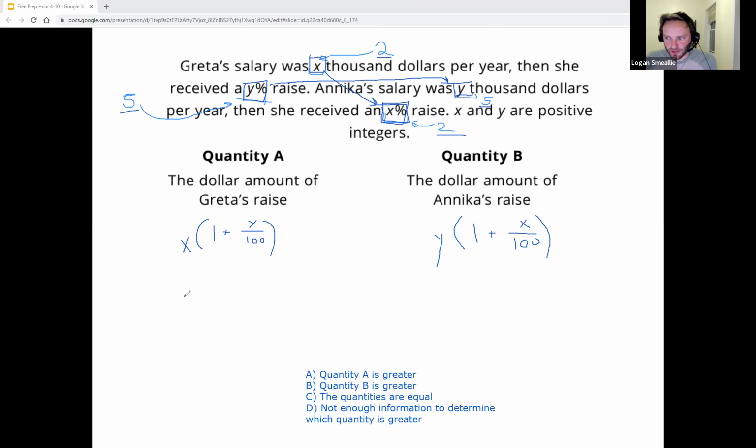And what happens when I multiply this out? Here I get X plus XY over 100, if I multiply this through. Here I get Y plus YX over 100, if I multiply this through.